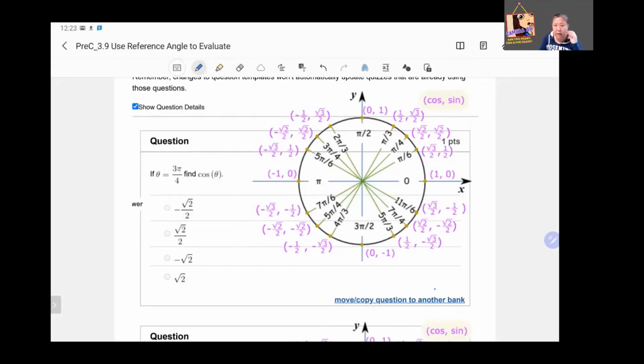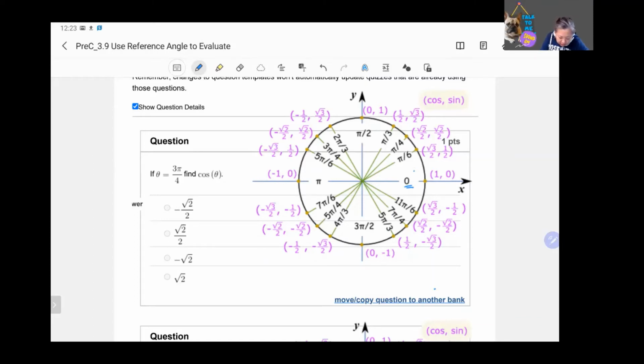Okay, first you have to see which quadrant, which position on the unit circle its terminal side is placed. So then 3 pi over 4 is, we start from the standard position 0, and it's a positive 3 pi over 4. Then I have to count the angle counterclockwise.